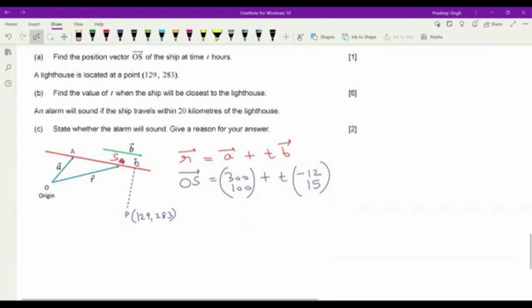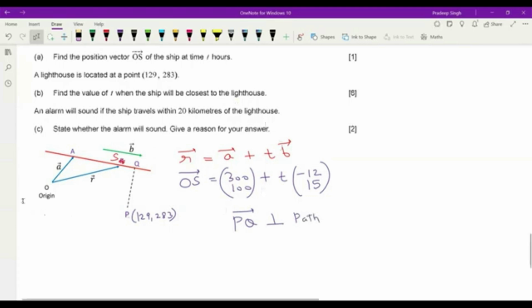Let's say the ship is at Q, closest to the lighthouse after some time t. When that happens, if I connect the ship with the lighthouse, the distance PQ should be perpendicular to the line itself. Since the ship is closest to the lighthouse, the vector PQ needs to be perpendicular to the path of the ship.